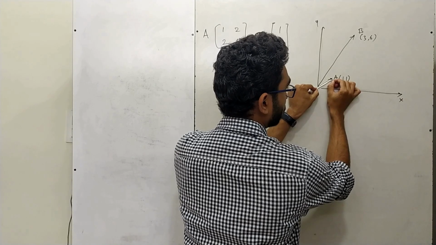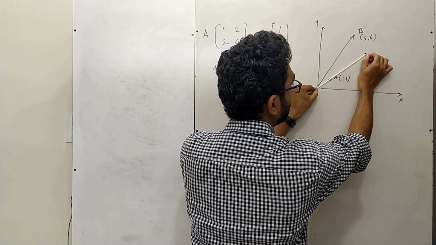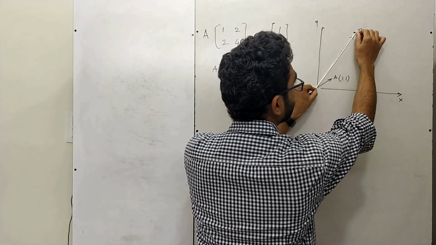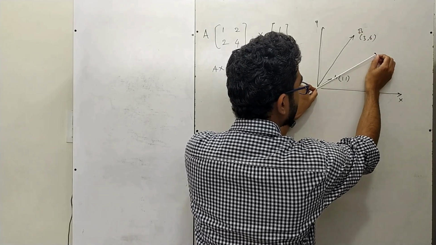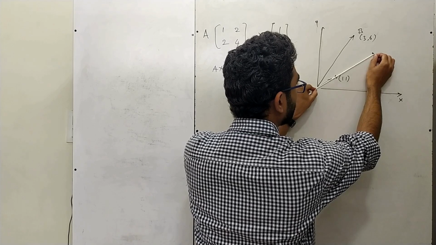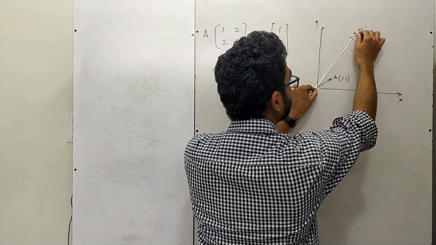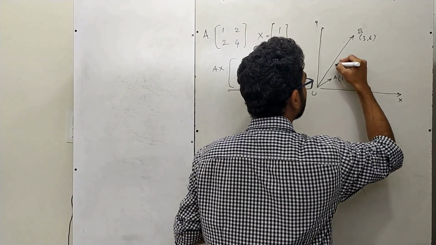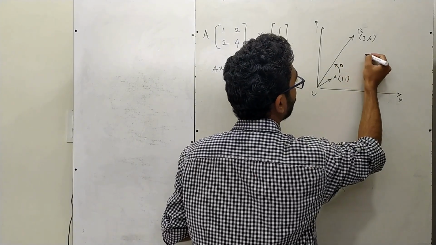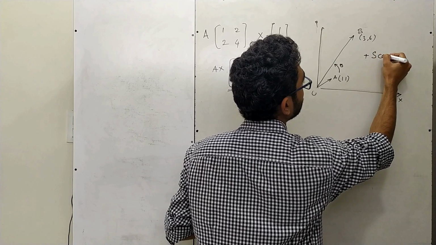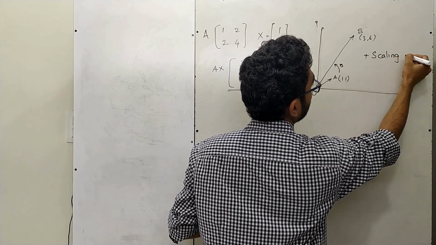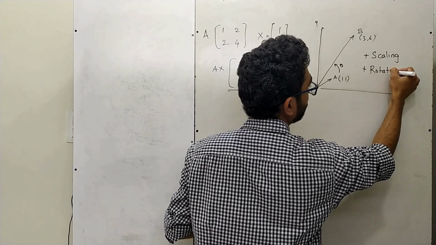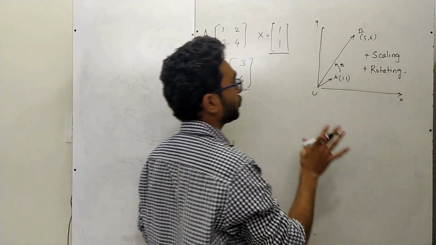I am just scaling this vector, and at the same time I am rotating this vector. So what I did, I scaled this vector and at the same time rotated it at an angle theta. This is important, at an angle theta. So what I am doing here is scaling plus rotating. I hope you have now understood this.